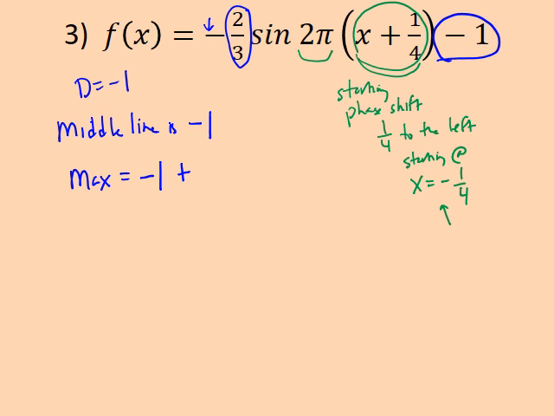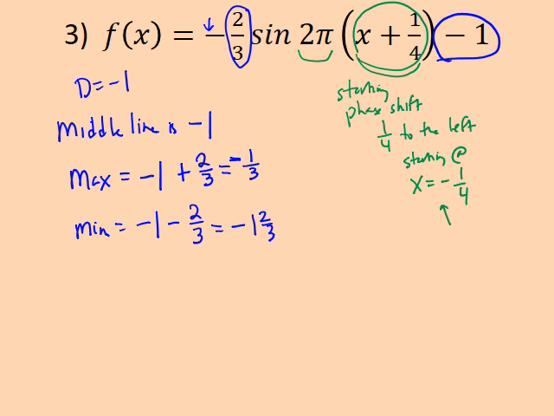So the maximum is -1 plus the amplitude, which is 2/3, and the minimum is the middle line, -1, minus the amplitude, 2/3. So -1 plus 2/3 is -1/3. And -1 minus 2/3 is -1 2/3. We will use this information. I missed the negative sign up there.